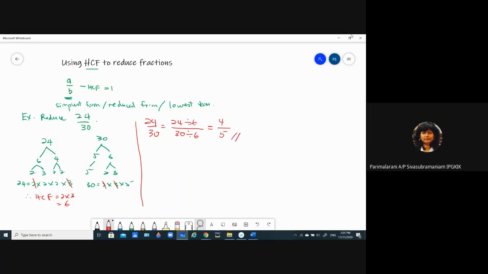So now we have reduced the fraction. This is the lowest term. You cannot divide it anymore, the HCF is 1 already. So this is how we use HCF to reduce fractions.